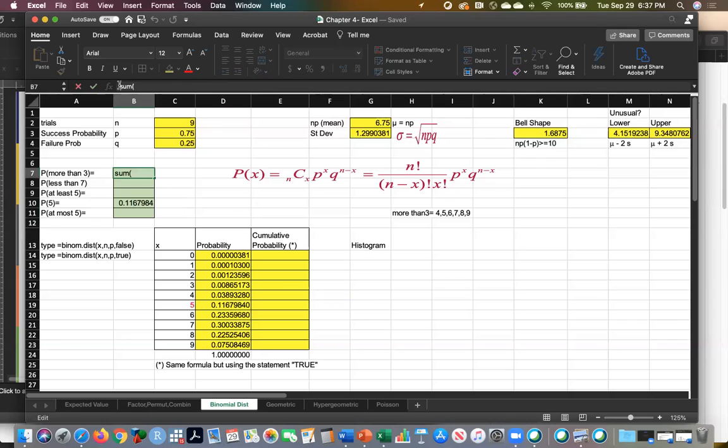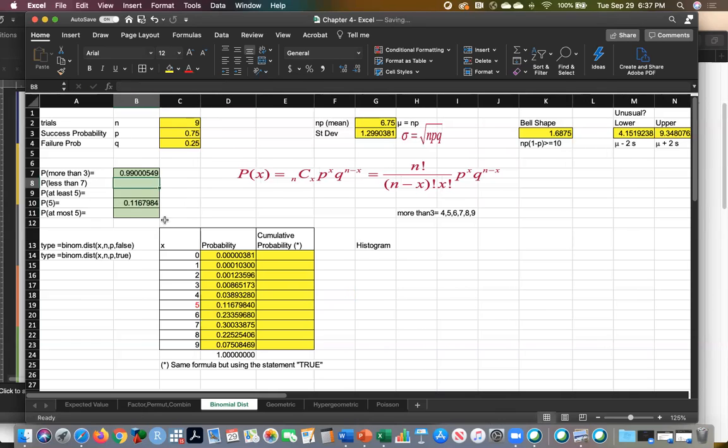So greater than 3 is going to be 4, 5, 6, 7, 8, 9, right? So the probability of having more than 3 surgeries is 99, so it's very high, of course.